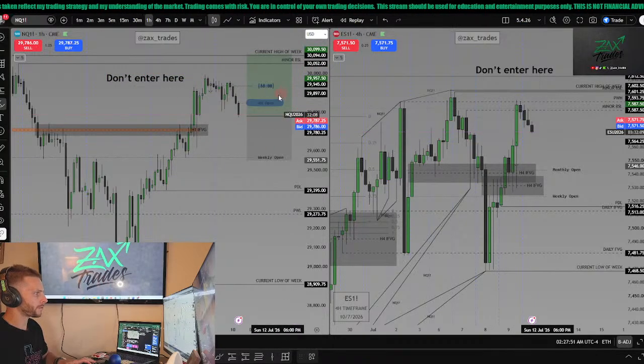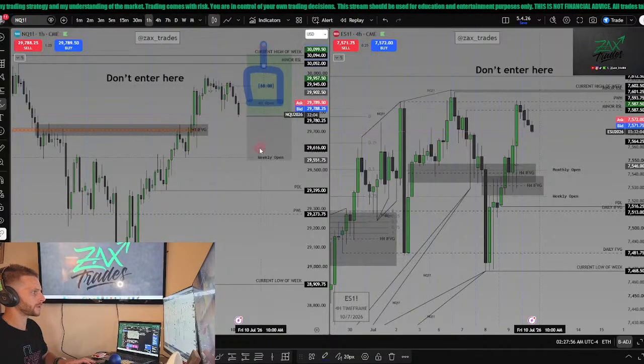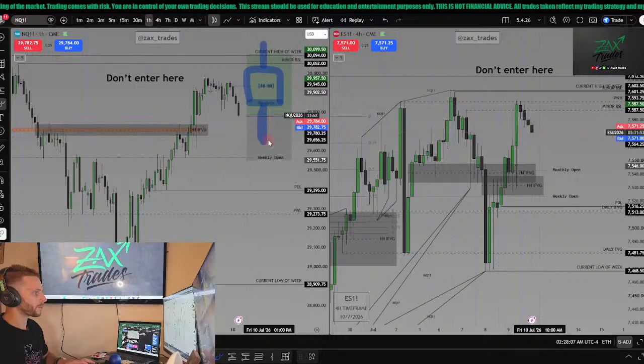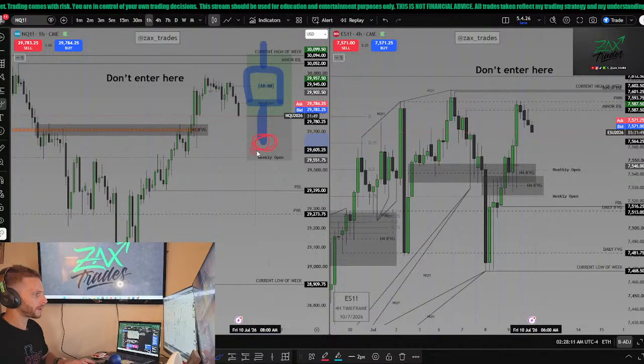So if that's my 4-hour start, say I need at least some kind of candle like that to hit those targets. Where do I want to be long in this example? I want to know where price is likely to make this bottom.